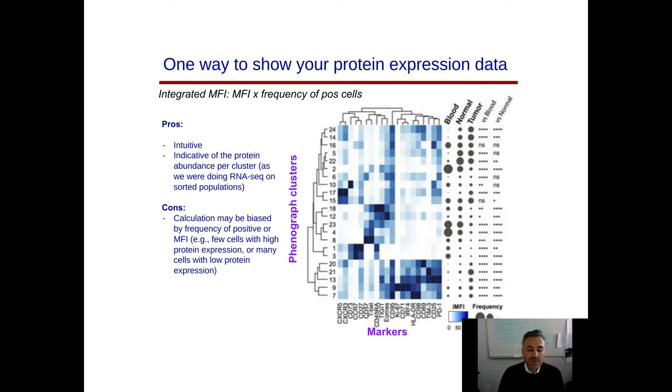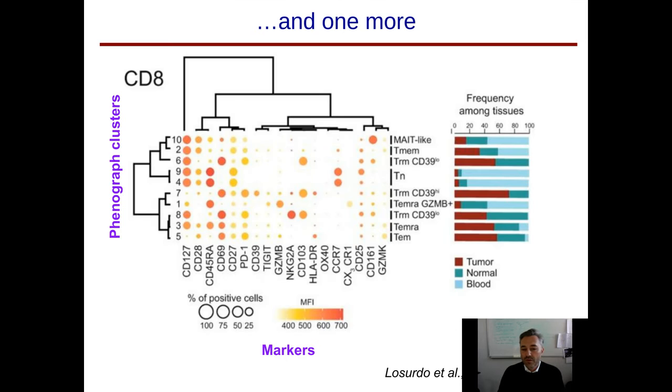So if we can go to the next slide. This is just a different way to show data. It's a different panel, but more or less it gives you similar results. So instead of using a heat map, here we used a balloon plot where the size of the balloon is indicative of the percentage of positive cells, and the color is indicative of the MFI. So the bigger the balloon, the more cells.